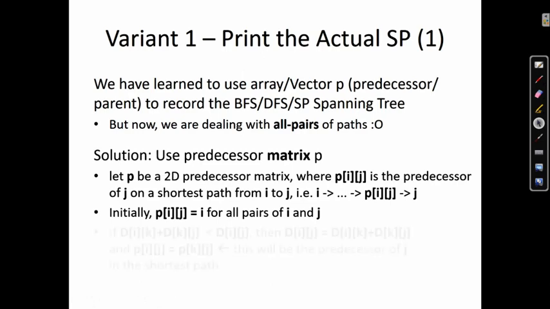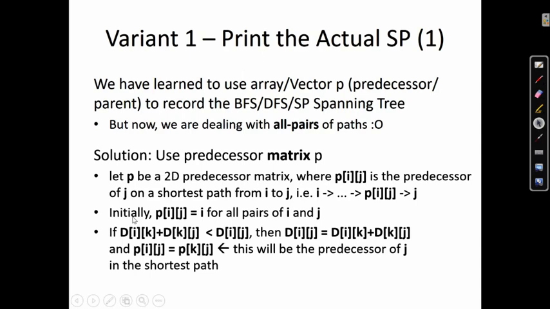Next, when you successfully relax, when you perform the relaxation statement, what you do is this. It means I have a path from i to k, and then I have a path from k to j. This is the new shortest path.